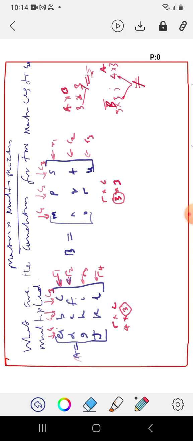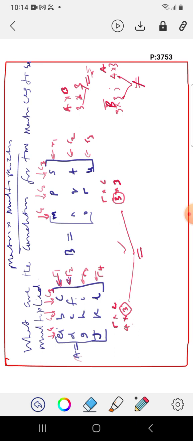Now the next thing you must know is that now that we know that 3 and 3 are equal, then we can go on, just like when we talk about addition of matrices. If the dimensions are equal, then we can go on. In this case, if the columns of the first matrix are equal to the rows of the second matrix, then you can multiply the two of them. Now, the result, this is also very important.